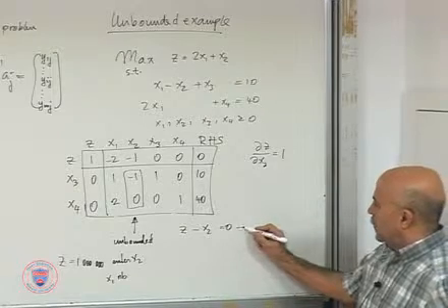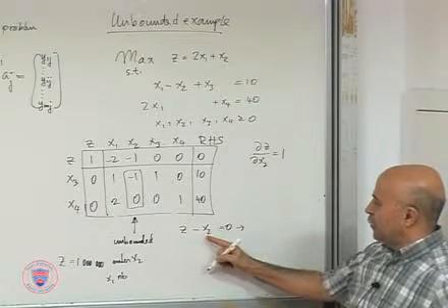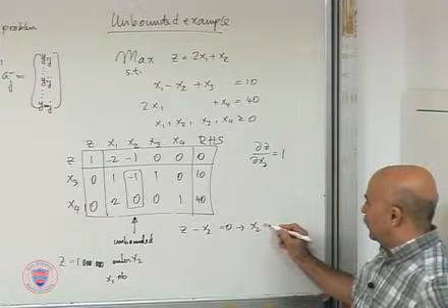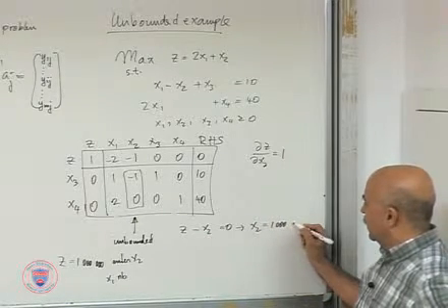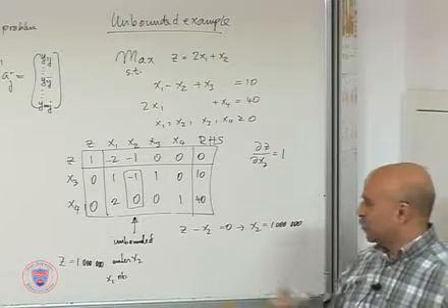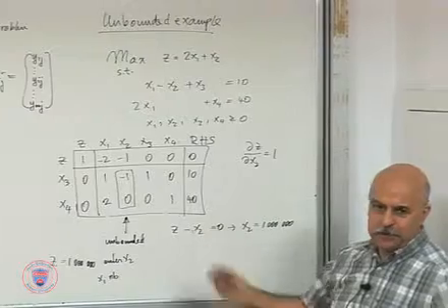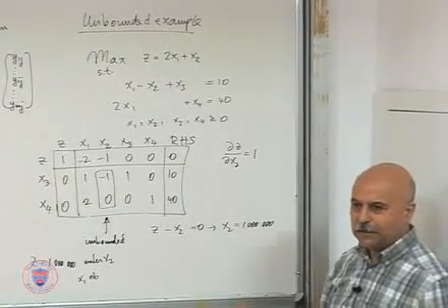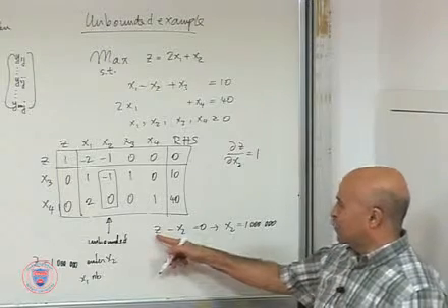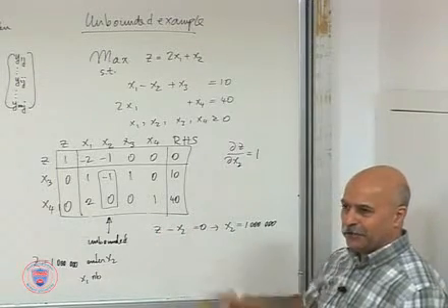So this tells me that if I want a z value of 1 million, then x2 should be 1 million. I increase it to 1 million. Of course, if you had a different coefficient here, you could have computed by how much you should increase. You just substitute 1 million for z and then solve for x2.